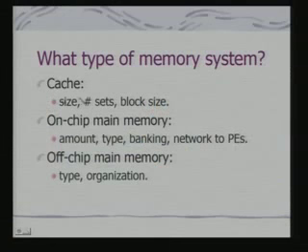Also on on-chip main memory, what is the amount and type, because banking of the memory becomes an important issue. When we discussed power architecture, we said that if we can optimally arrange memory into banks, then your power can be saved, because the leakage current over individual banks is much less.